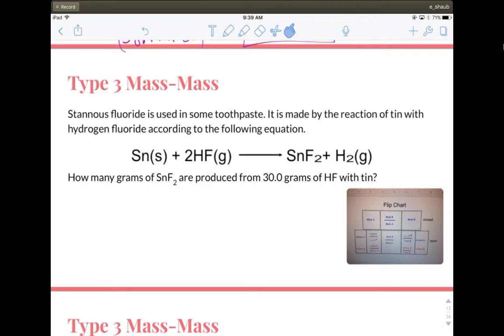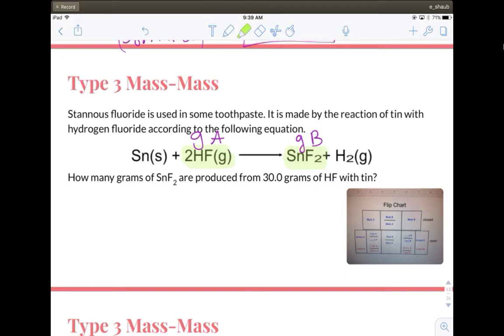I want to know how many grams of SnF2, so that means I'm finding grams of B produced from 30 grams of HF with enough tin. So the other thing I'm looking at here is 30 grams of HF, which means this is grams of A. It's not that we don't care about the tin or the hydrogen, but we are just not going to need them in our calculation.